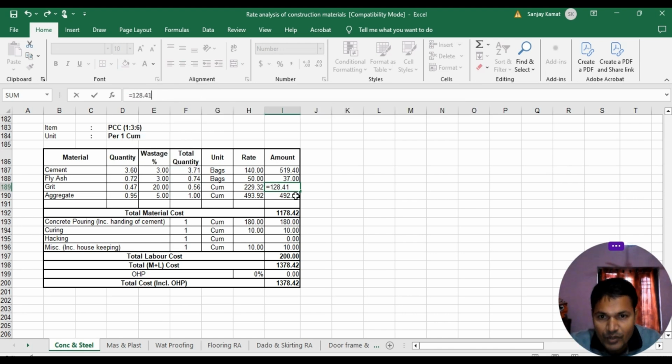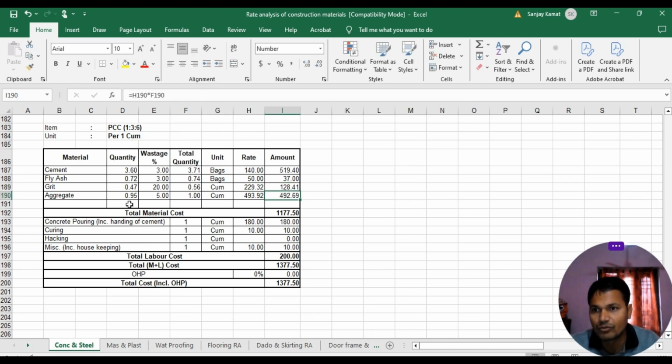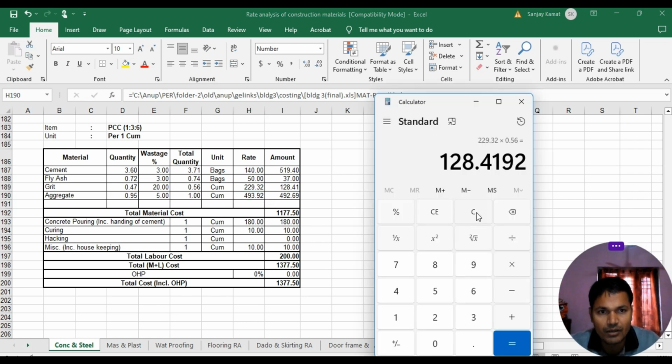128.41, okay. Now coming to the aggregate, how much we have taken: the quantity we have taken is 0.95, and for wastage material we have taken 5% only, and the total quantity of the aggregate we have taken is 1. The unit of the aggregate is cum only, and the rate of the aggregate is 493.92. Let's check this value.